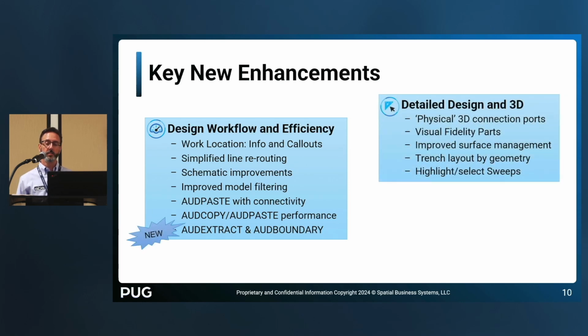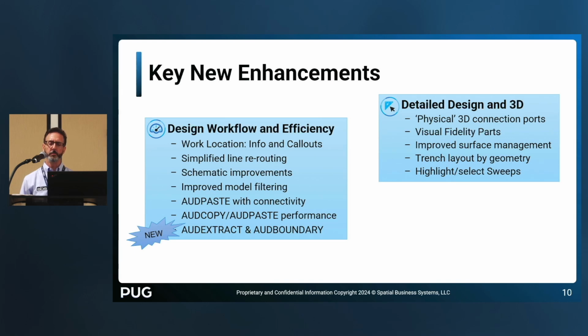So for detailed design, we have improvements to how physical 3D connection ports allow very detailed physical layout. Now, this may not be something that anybody doing distribution design is really needing to work with yet, but it allows a very detailed 3D layout of connections.